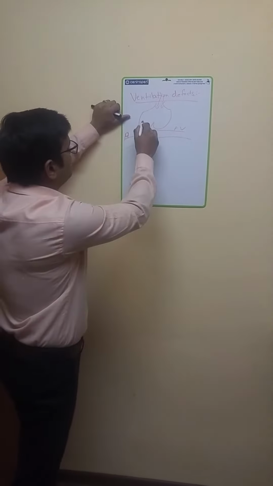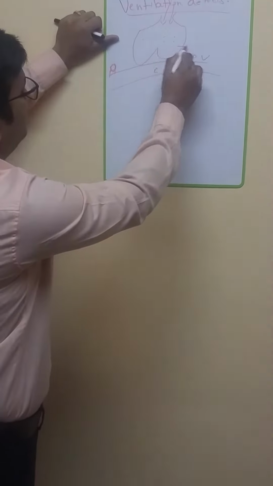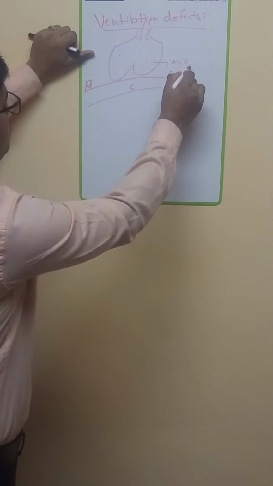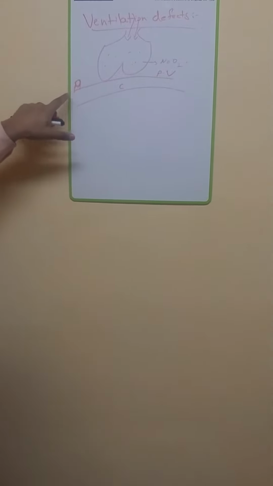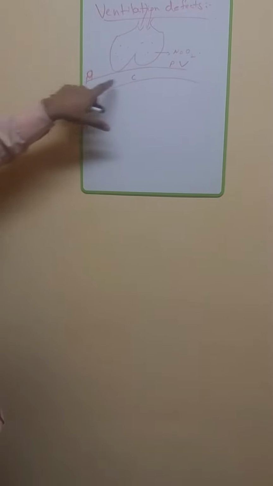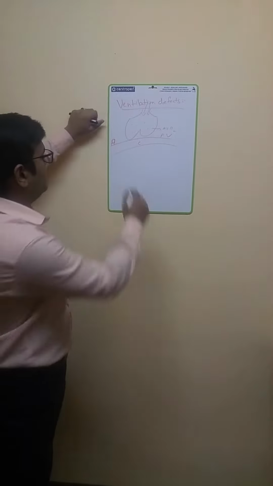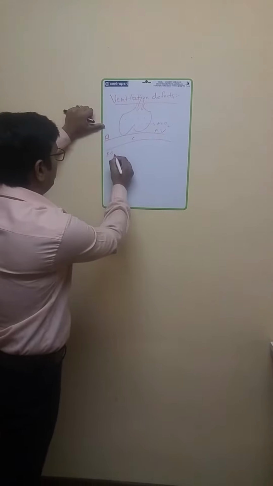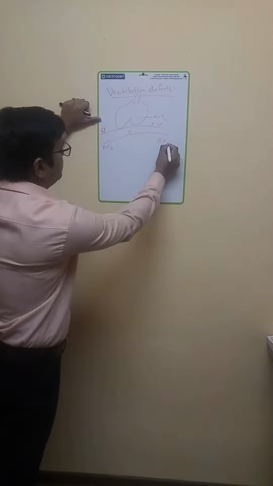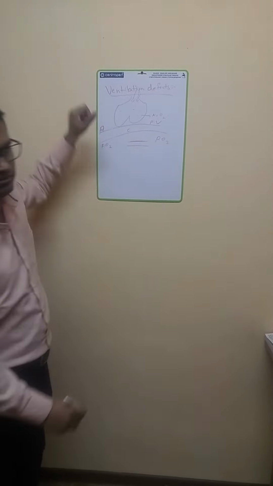So this space will not contain O2. So the blood which is coming from the right ventricle to this capillary and going back in the pulmonary vein, here the partial pressure of oxygen and here the partial pressure of oxygen will be equivalent or equal.